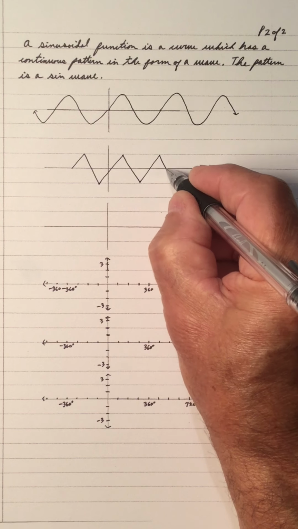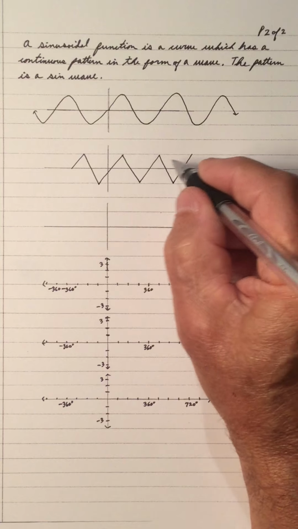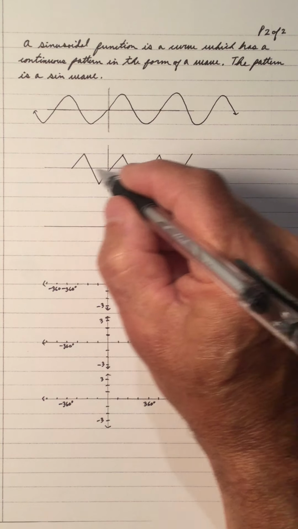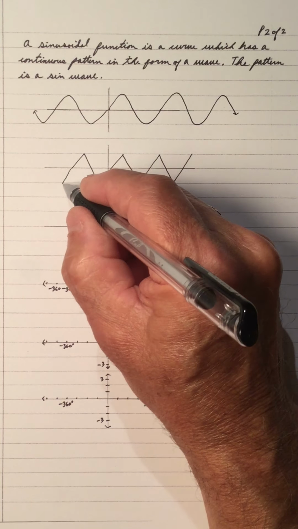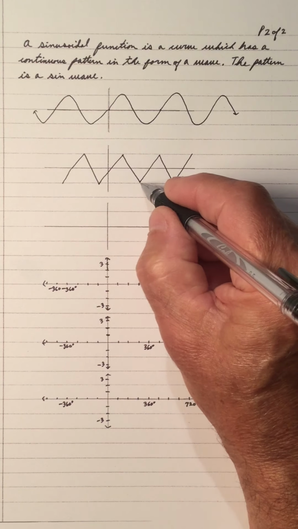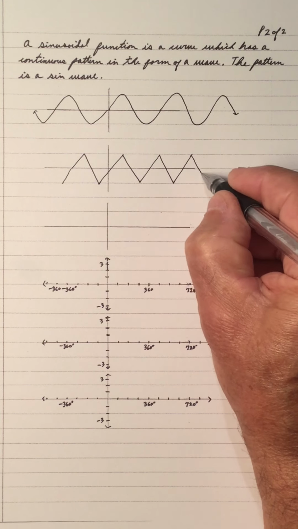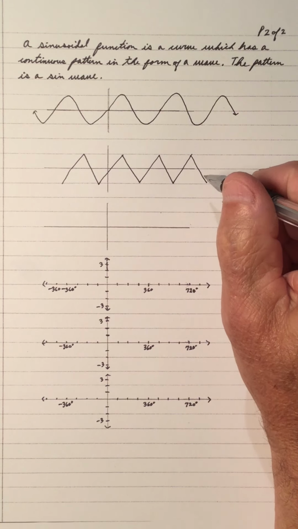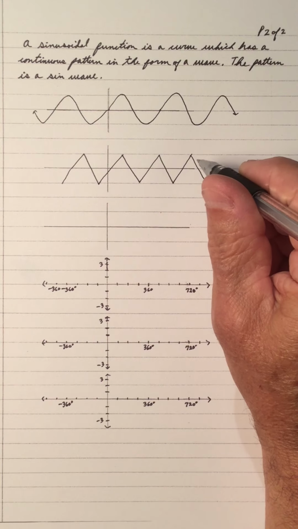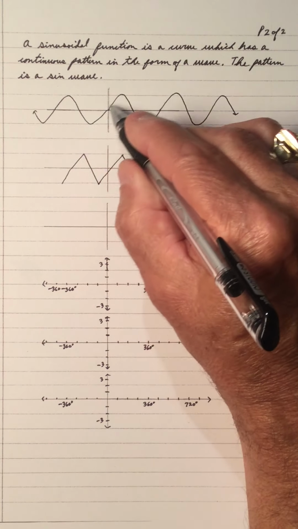So this looks similar, but it's not the same. It has a period that does the same thing, like going up here, then down. This peak or V shape here is the pattern, but it's not what we call a sinusoidal, a harmonic wave.